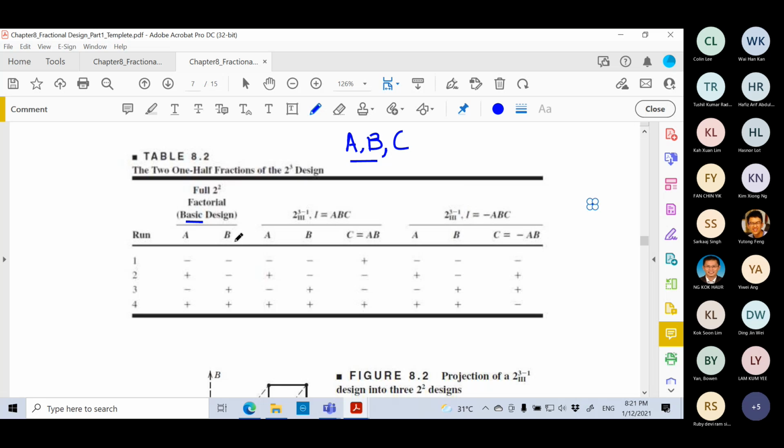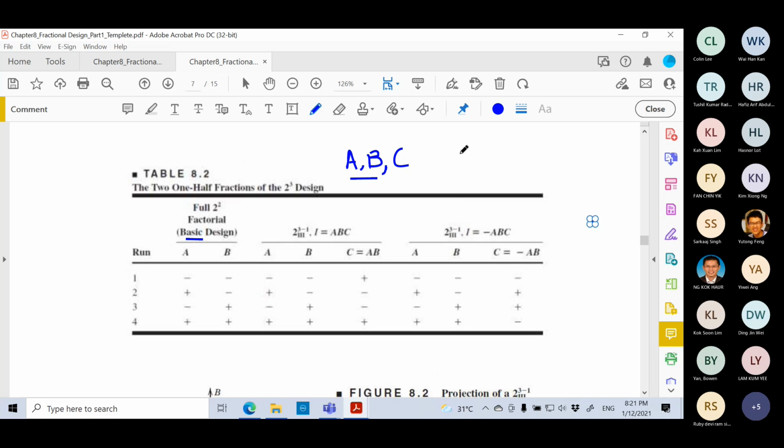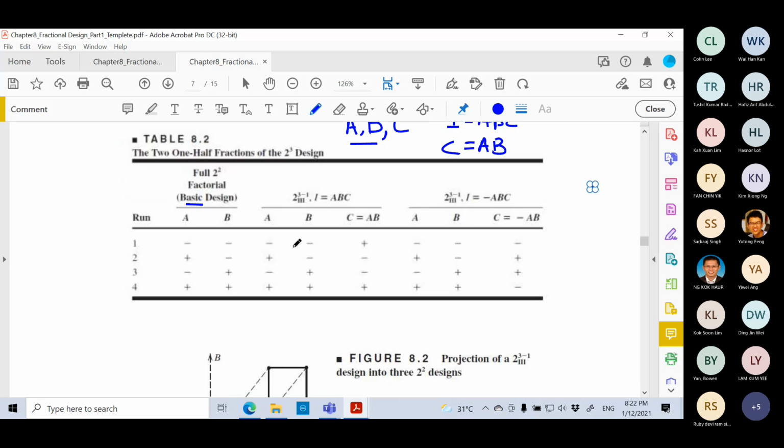After that, your C will be equal to, you choose the highest resolution, I equals ABC. Therefore, you have C equal to AB.